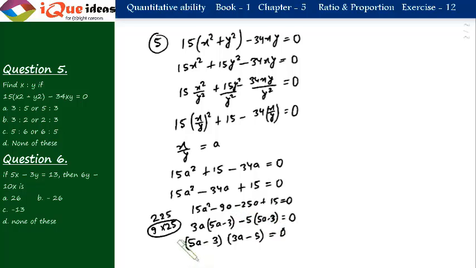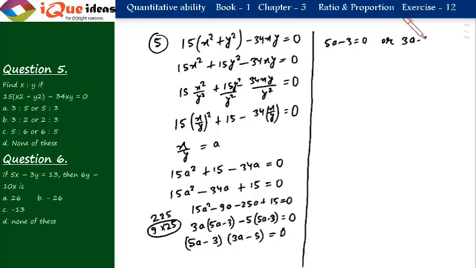So from these we can say that either 5a − 3 equal to 0 or 3a − 5 is equal to 0. So we get a equal to either 3/5 from the first one, or 5/3 from the second.